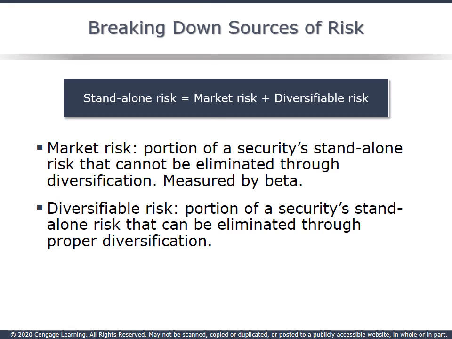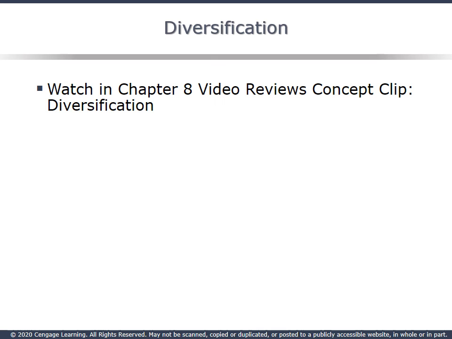And market risk is measured by beta. Diversifiable risk is that portion of a security's risk that can be eliminated by diversification. So I would like you to watch in the video reviews the concept clip that further explains what the concept of diversification is all about.